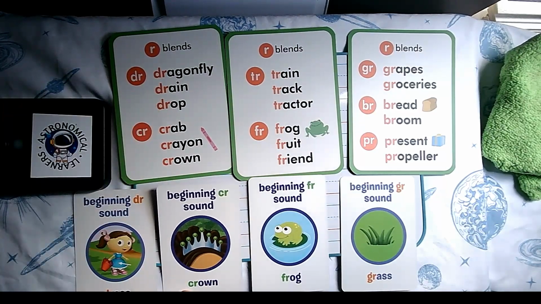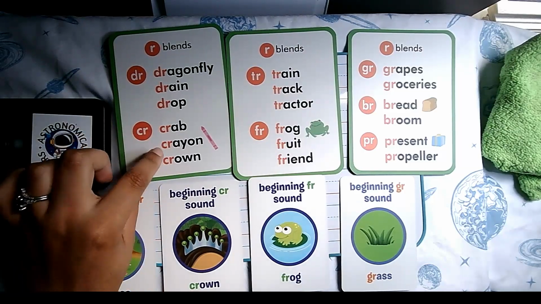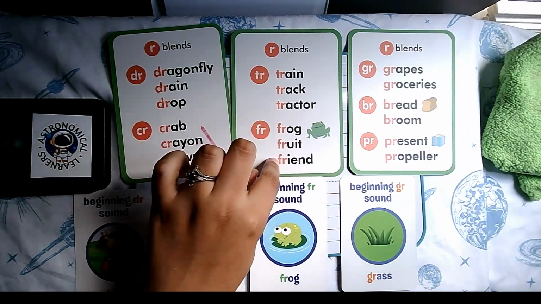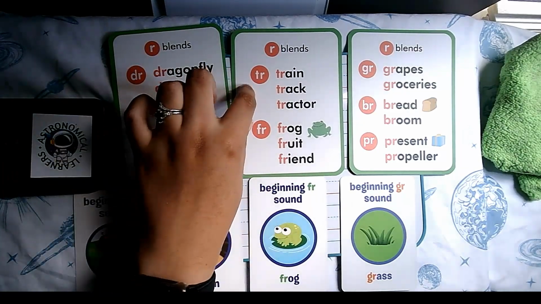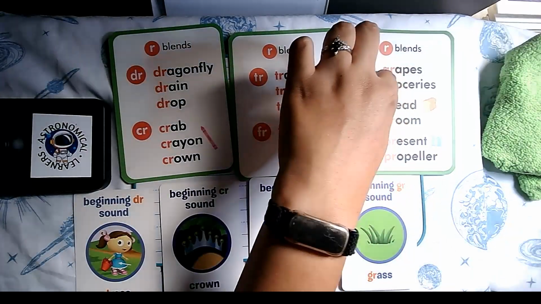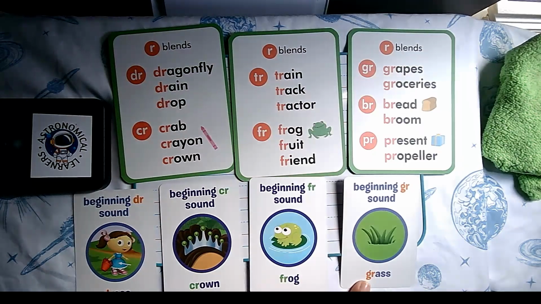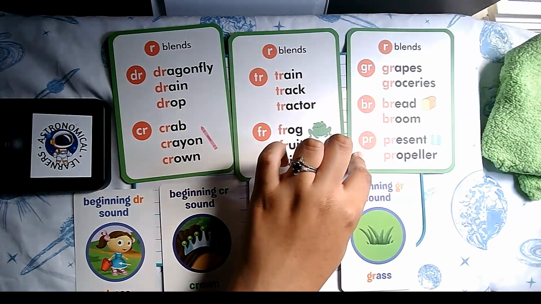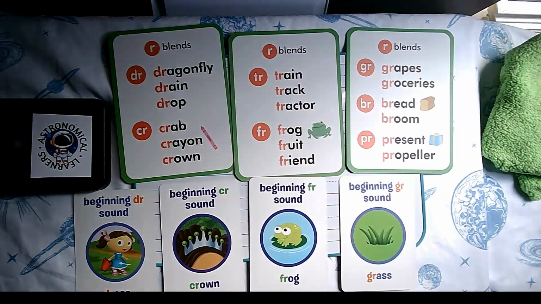If you're using CR like crown, we have crab, crayon, crown. If you're using FR, we have frog, fruit, friend. But we don't want to forget TR: train, track, tractor. We have GR, which is like in grapes, groceries, grass. BR, we don't want to forget bread, broom. PR, like present and propeller.